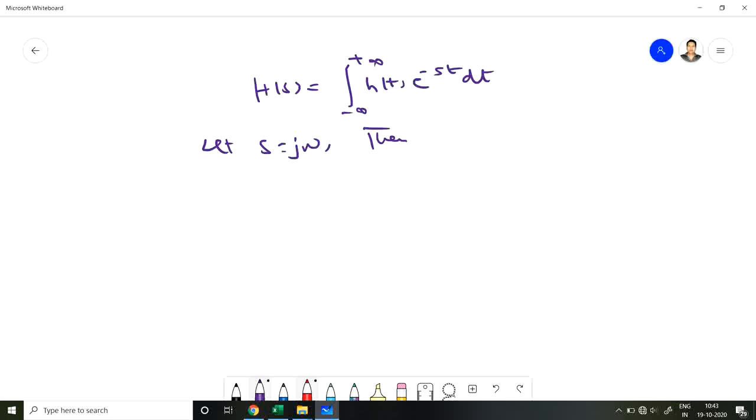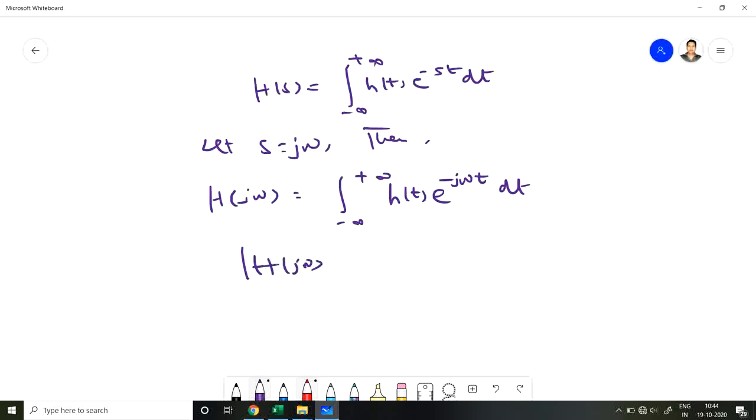Then H(j omega) equals the integral of h(t) e raised to the power minus j omega t dt.